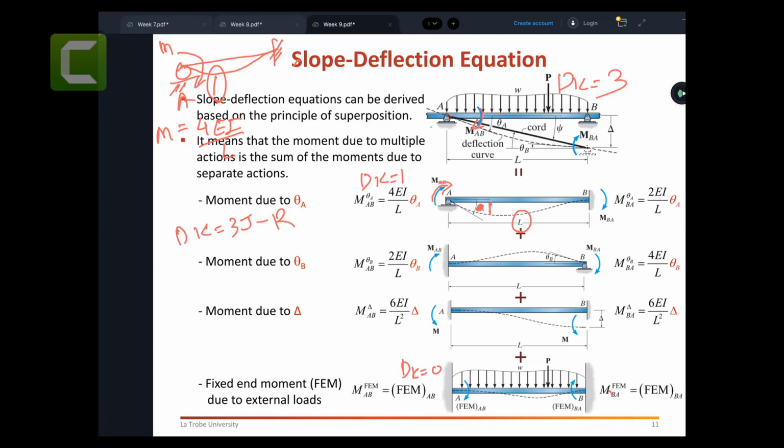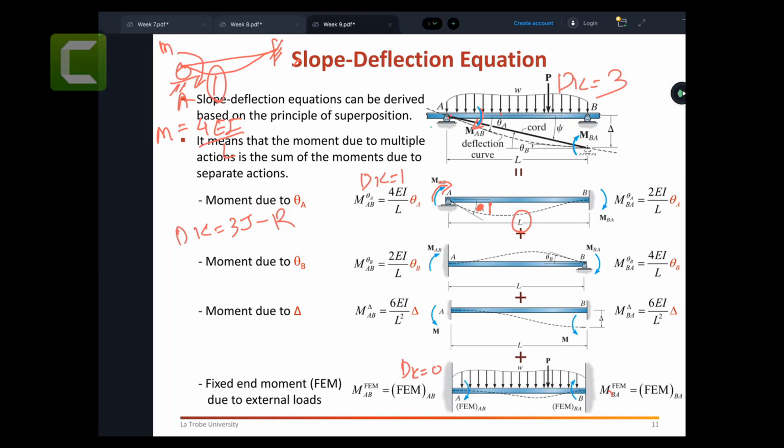If you know the force method for indeterminate structures, you can use it to calculate this M value, which is 4EI on L. You need 4 times the Young's modulus of the material, the moment of inertia, and the length of the beam. That much moment is required to cause 1 degree rotation at point A.